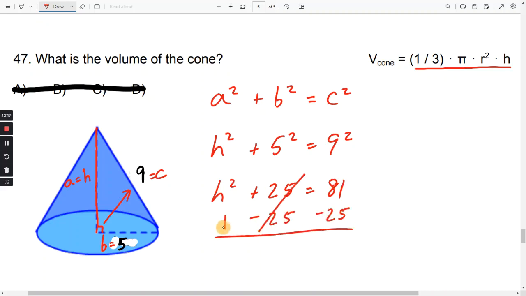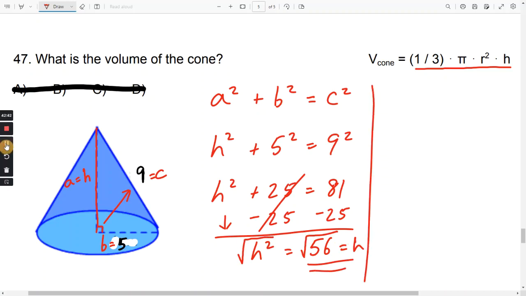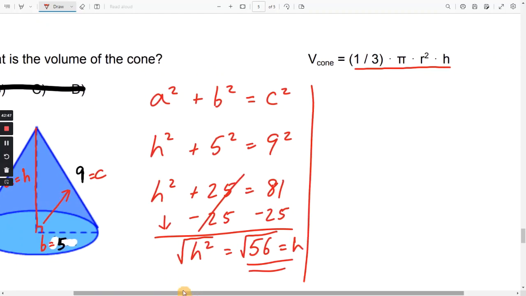Cancels here and bring down your h squared. 81 minus 25, that's 56. Alright, so the opposite of squaring something is to take the square root. So I'm going to leave that as is for now. H is just radical 56. You can round off, but it's more accurate if you wait till the end.